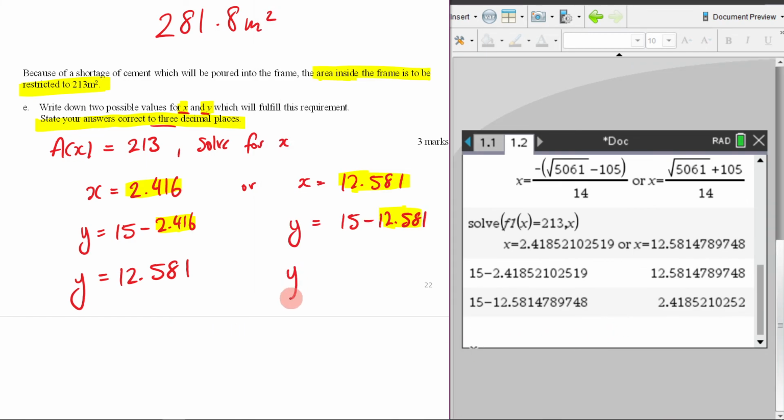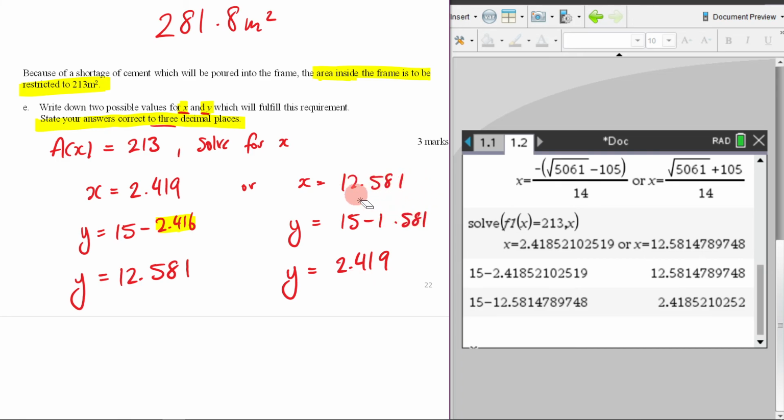So y is equal to 2.419 because I'm rounding to 3 decimal places. Then I did not round this correctly. My apologies, everyone. Hopefully you're thinking to yourself, what are you doing, Mr. S? 2.419, 12.581, 12.581, 2.419. Okay.